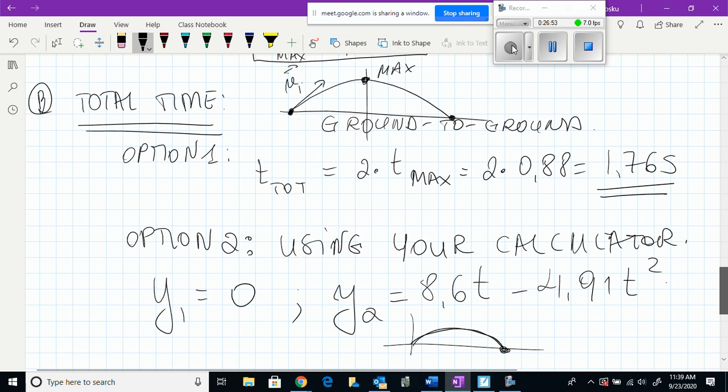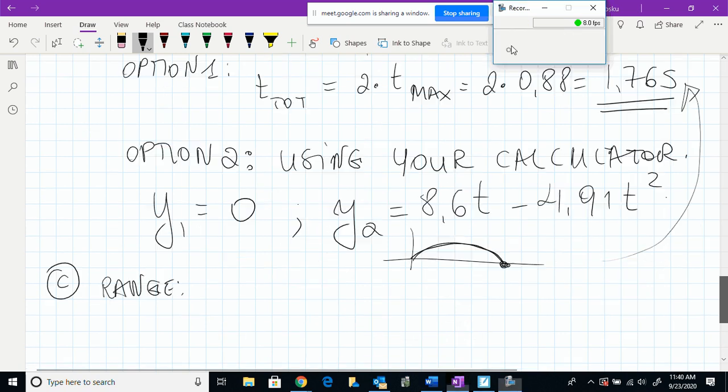We will find the time here. Go to your calculator and find that time, and you should have 1.76. Okay, so the third question on a typical projectile motion problem will be, what is the range?